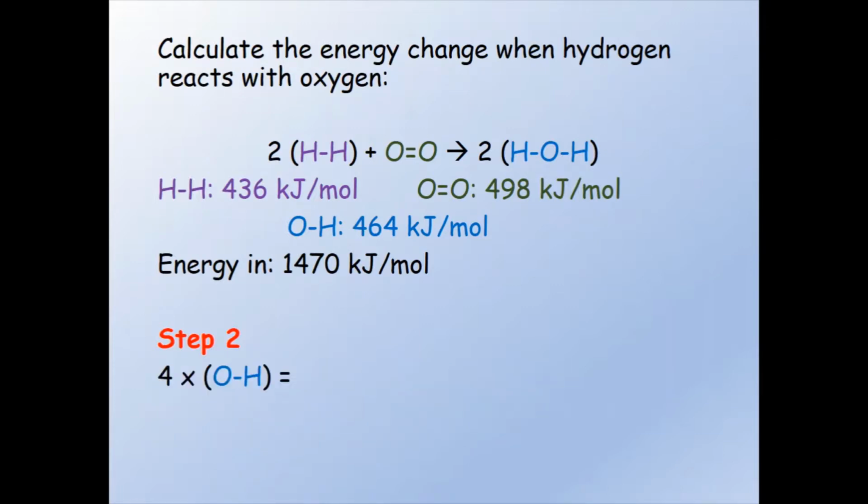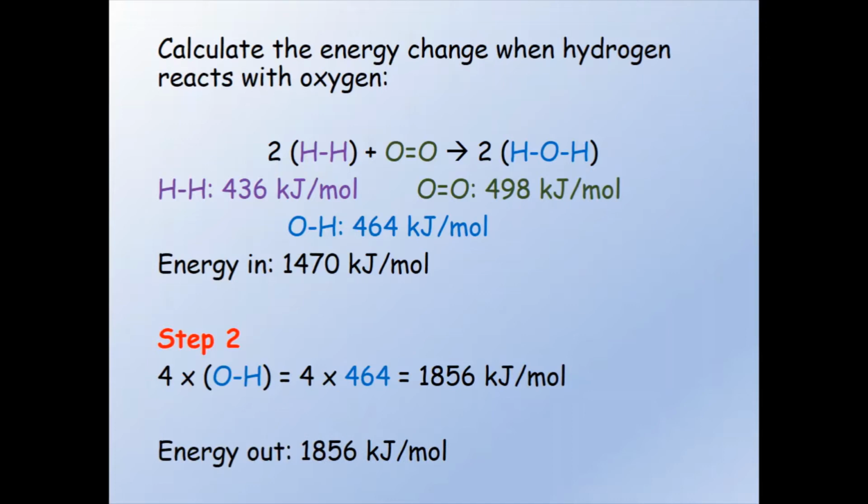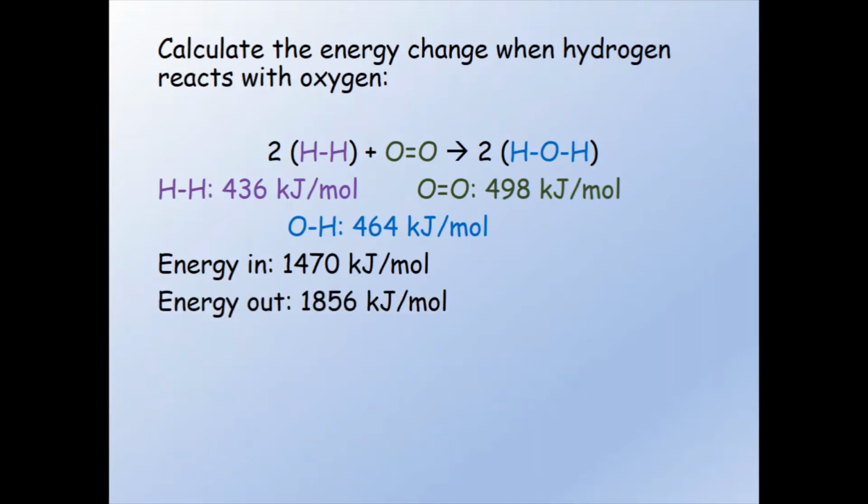So we have to do 4 times the bond energy of the oxygen-hydrogen bond, which is 4 times 464, and this gives us 1856 kJ per mole. So energy out is 1856 kJ per mole. Again, we need to remember this number.